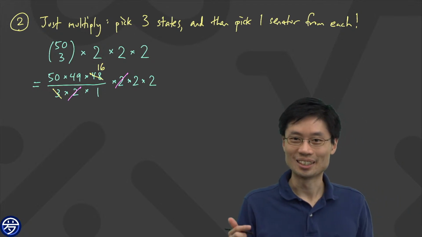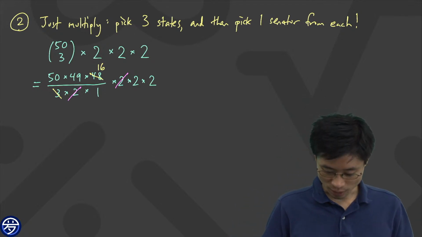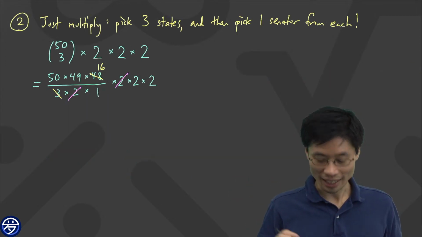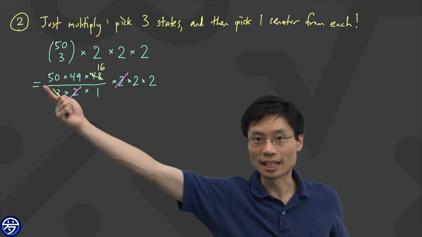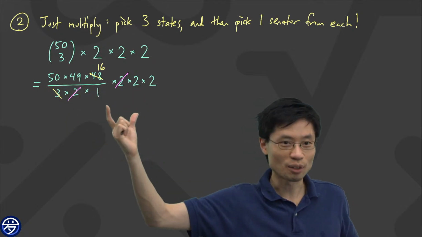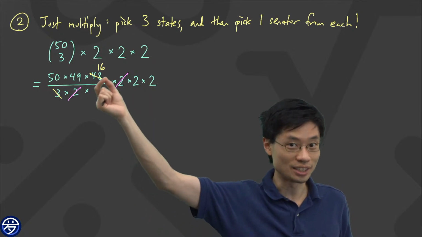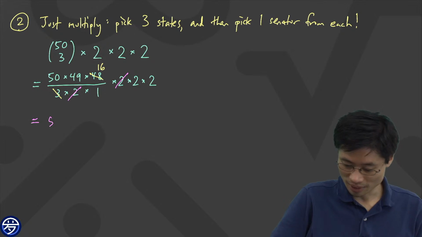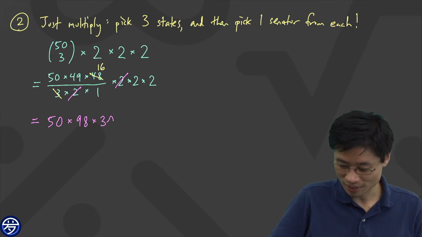Is this the same answer? Oh, this is good. Remember what the other one was. The other one was 32 times 50 times 98. I see a 50. If I want a 98, let's grab one of these 2's and join with that 49. And if I want a 32, grab the other 2 and join with the 16. And so this matches. This is equal to 50 times 98 times 32.